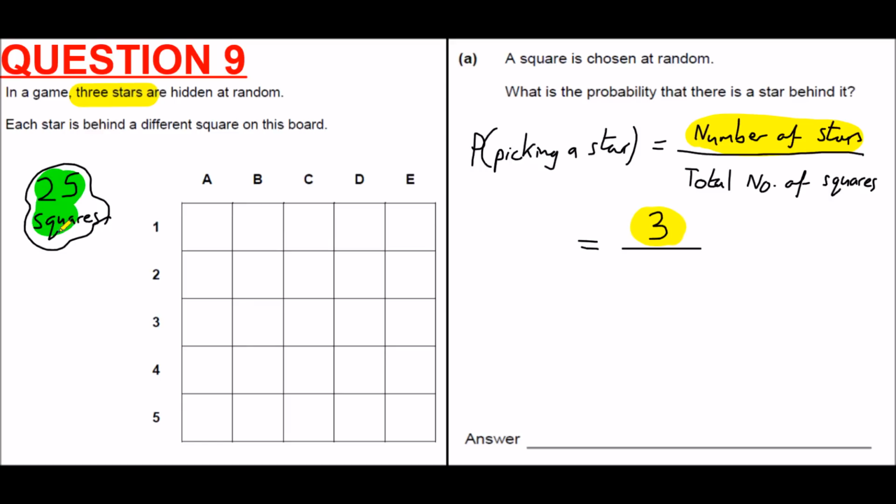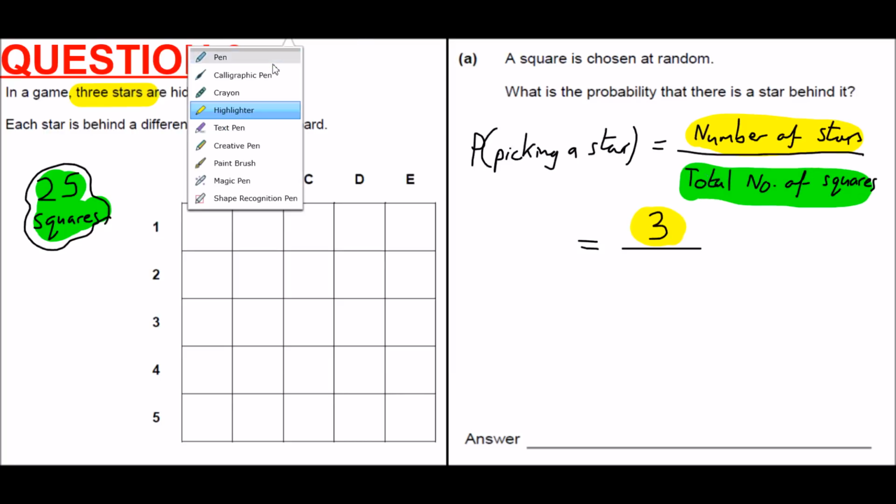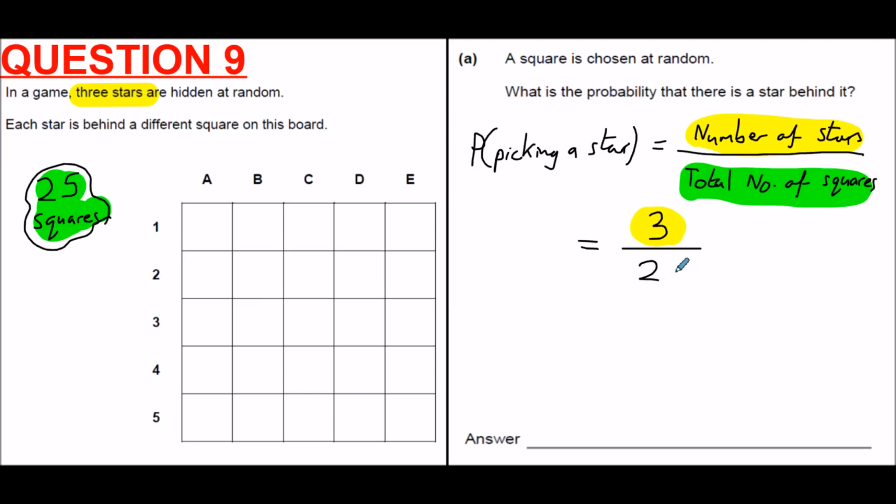There's 25 squares in total. And so probability, we're fine expressing it as a fraction. And so there's a 3 in 25 chance of picking a square with a star behind it if we pick a square at random. And so that's it really for part A. It's just 3 out of 25.